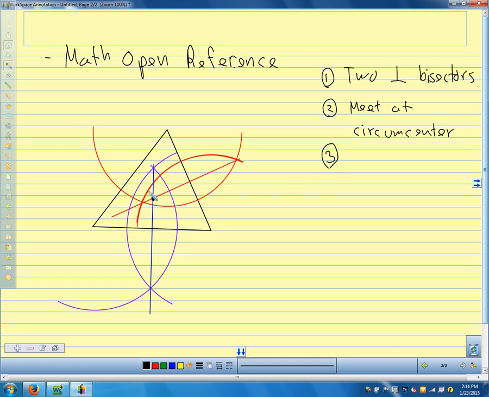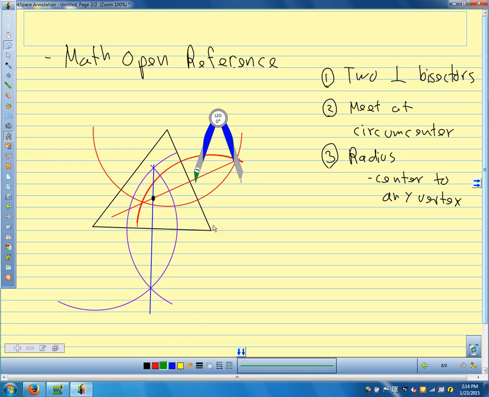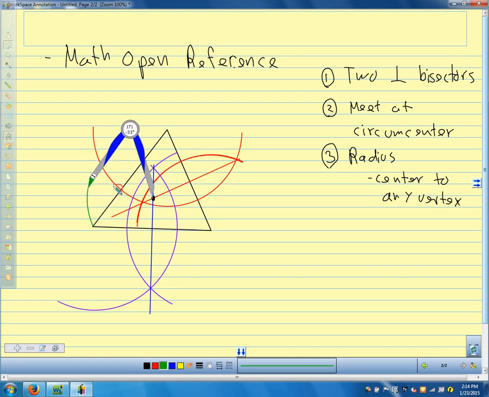The radius is from the center to any vertex. So now I'm going to get my compass. I'll do this in green. Set the point on the center of my circle, the circumcenter. Go to any vertex and draw a circle.